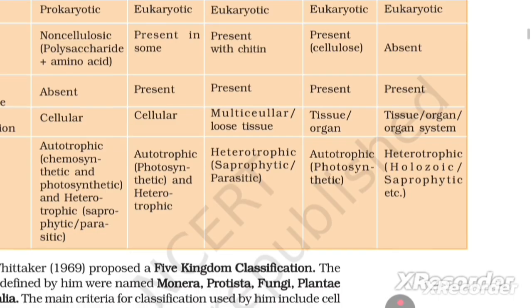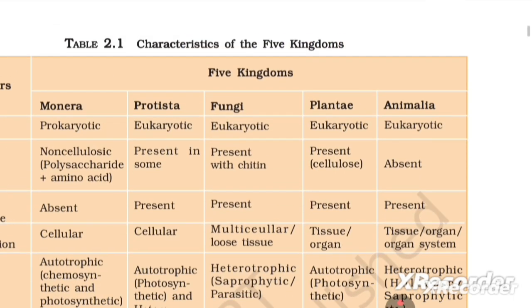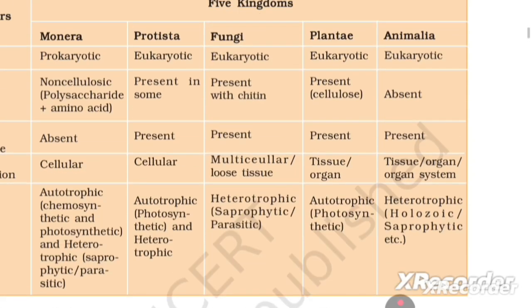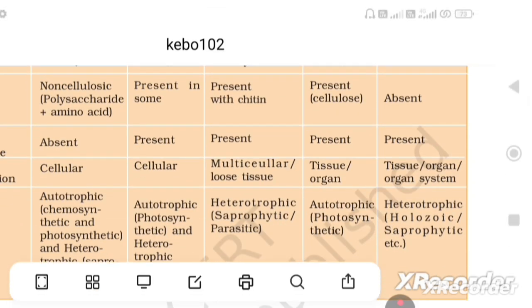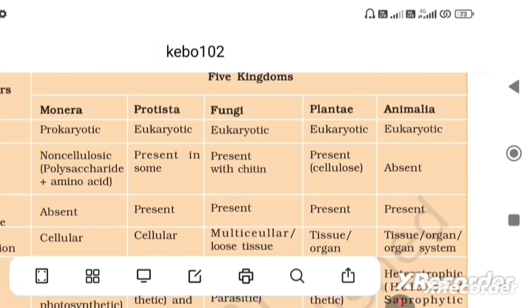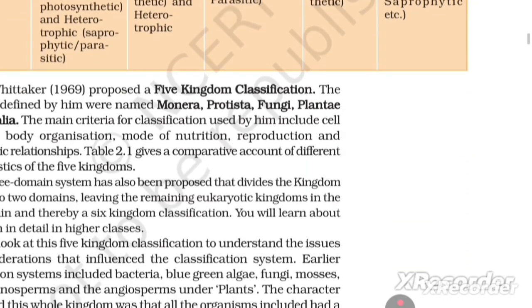Protista: autotrophic, photosynthetic and heterotrophic. Fungi: heterotrophic, saprophytic, parasite. Plantae: autotrophic, photosynthetic. Animalia: heterotrophic, holozoic, saprophytic.